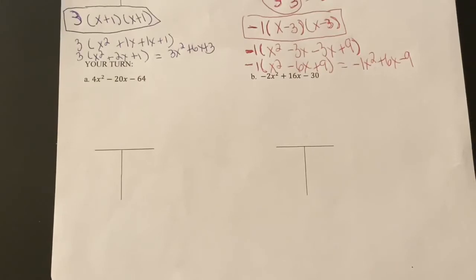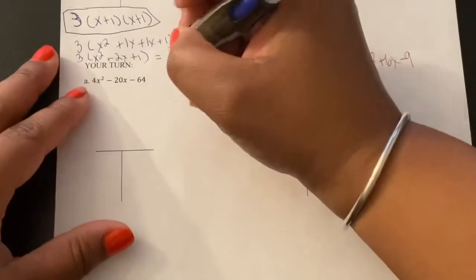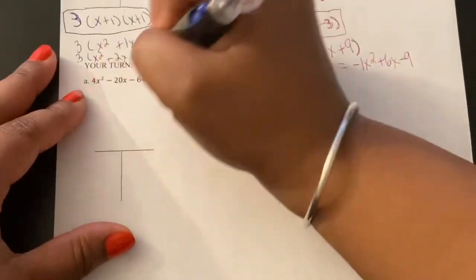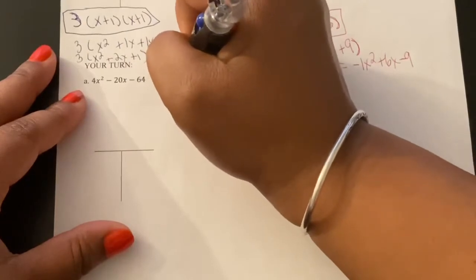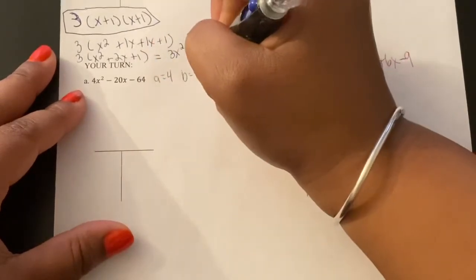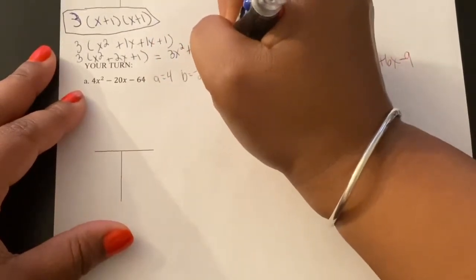Okay, so now I have 4x squared minus 20x minus 64. My first step is to find my GCF. So I have my a is 4, my b is negative 20, and my c is negative 64.